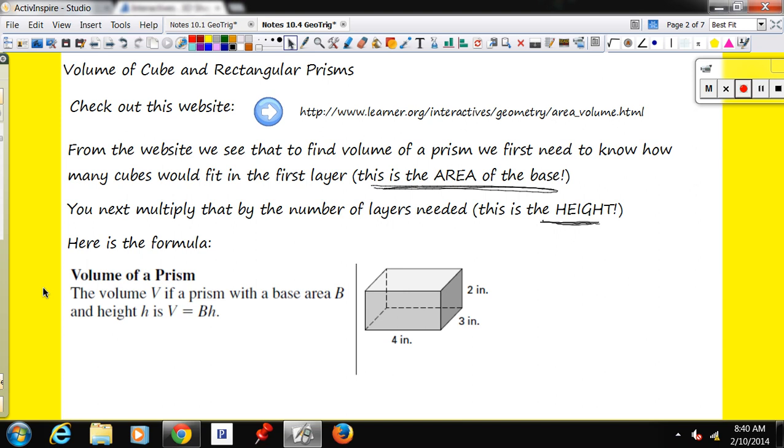So the formula for the volume of a prism with a base of B and a height of h is B times h, which is area of the base times the height. The big B is that first layer. You get that first layer, and then you just multiply it by the height. That'll give you the volume.